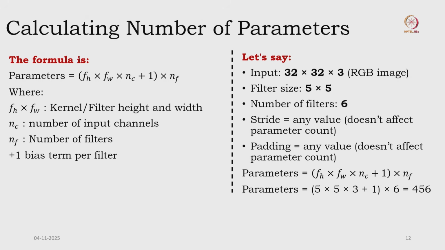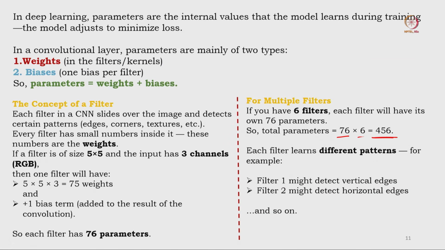What does this slide say? This is the formula for what we have seen previously. Looking at this, nowhere have we considered the input. We have not bothered about the size of the input here. All we have considered is the size of the kernel and how many such filters we are considering.